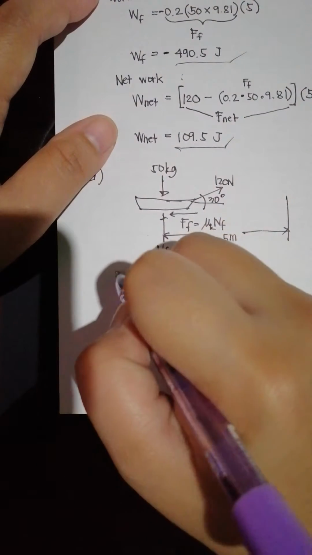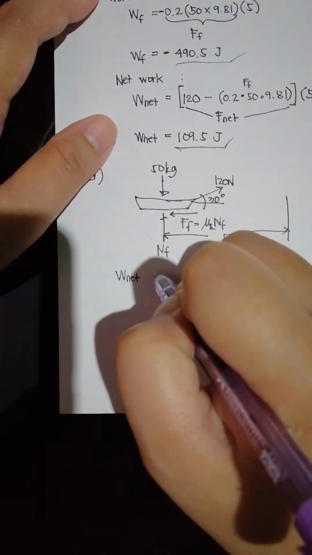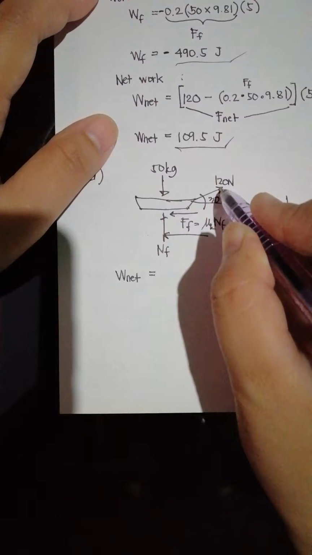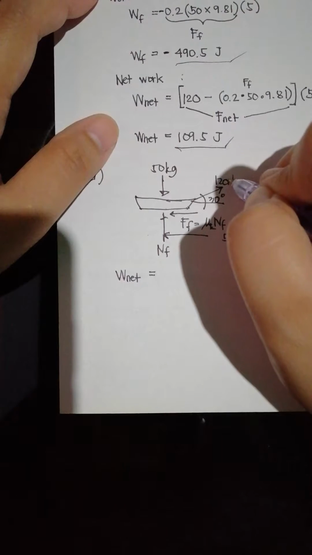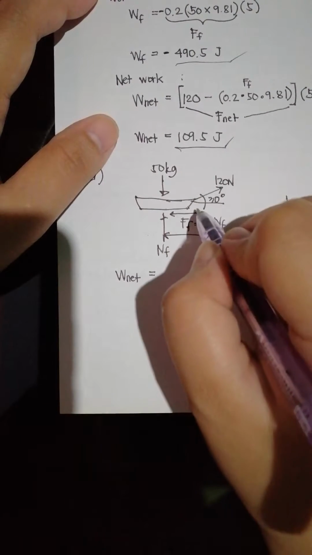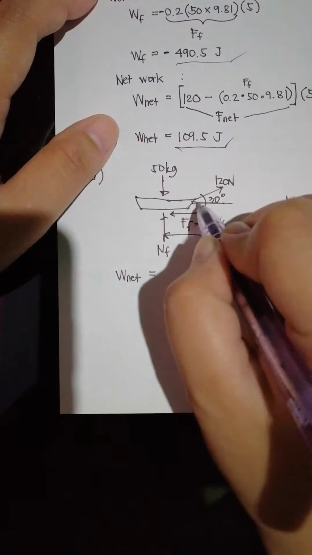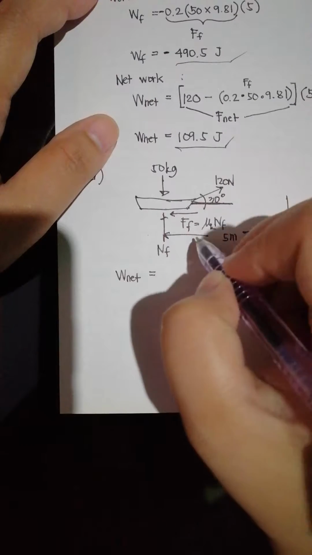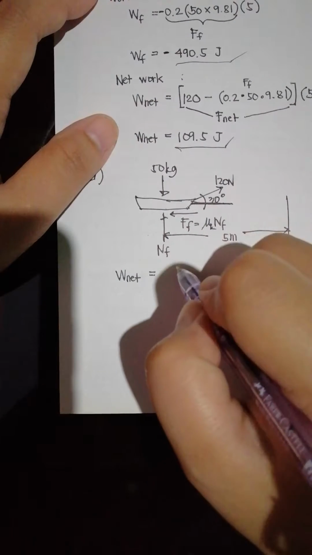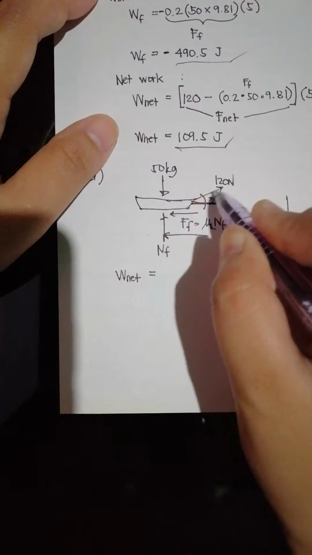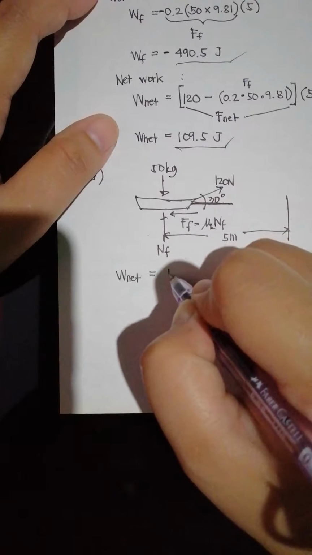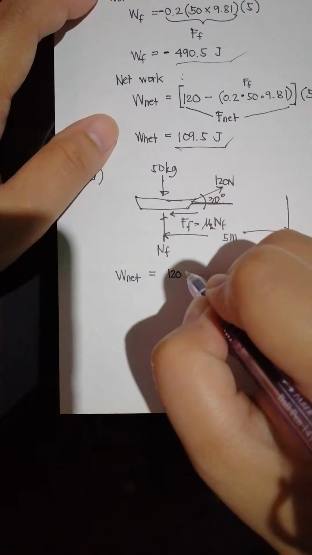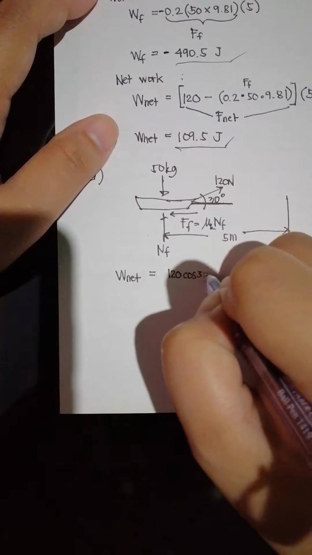So the net work done on the object would be, for the 120 newton pulling force, we have to get its horizontal component, because this is the component of the force that is parallel to the displacement. Since it's along the direction of the displacement, we take it as a positive force because it gives a positive work: 120 cosine 30.